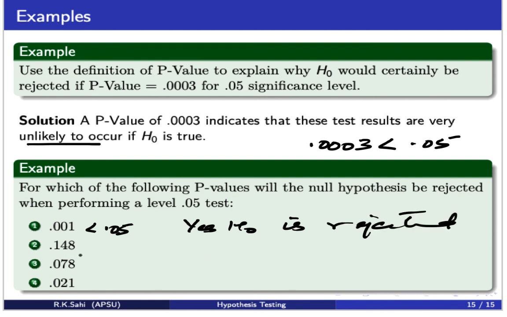What about 0.148? Nah, it is bigger. So the answer is no, we are not going to reject it. What about 0.078? Nope, it's greater than 0.05. No rejection. What about 0.021? Definitely less than 0.05. Yes, the H0 is rejected.